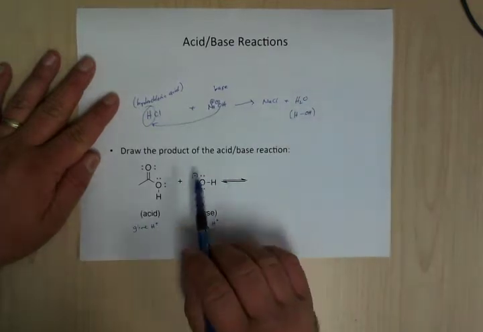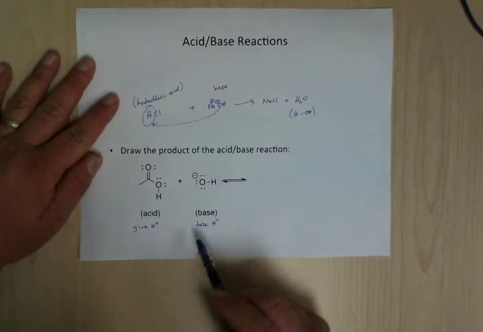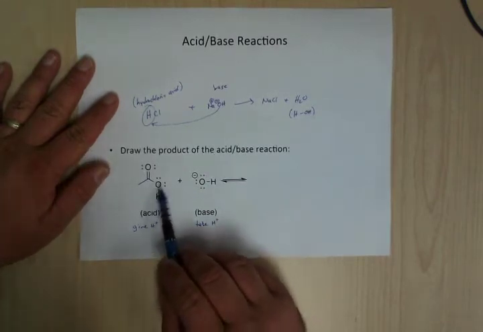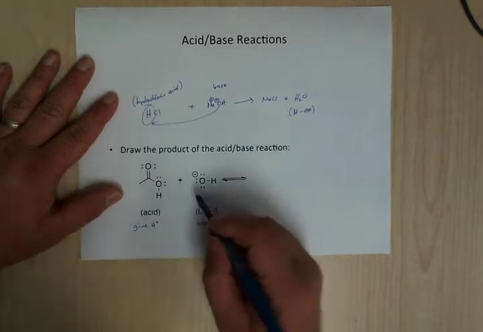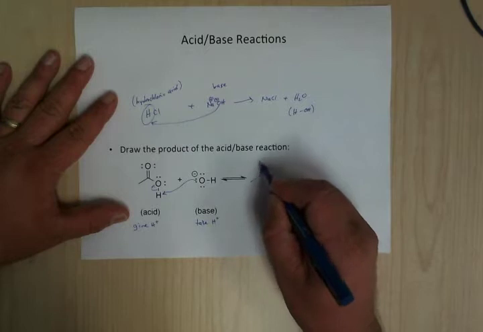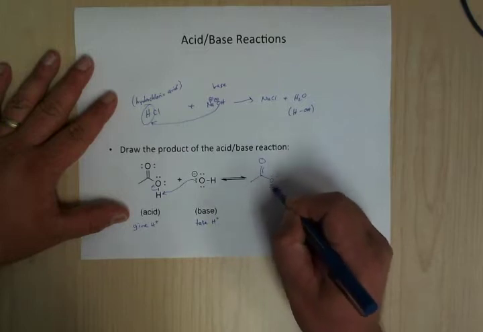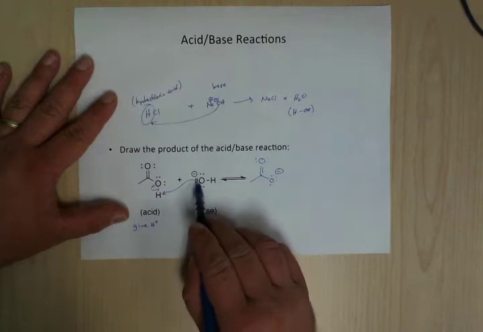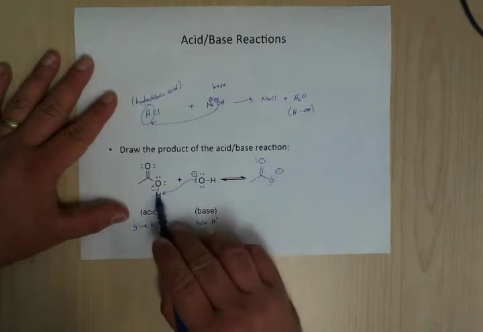Same thing's happening in the organic chemistry world. We have an acidic hydrogen, which usually ends up being off of a heteroatom. The base is going to come and take that, push those up, so you're going to end up with this. This pair of electrons is going to make a bond with that hydrogen.